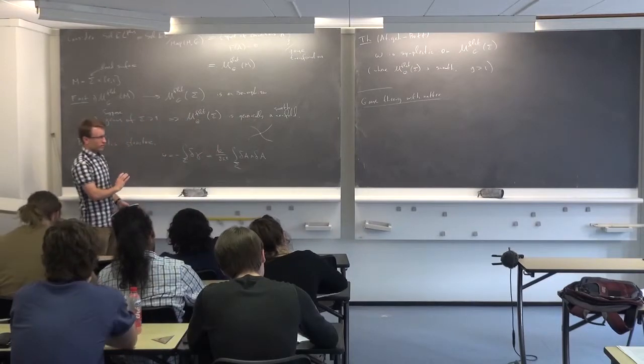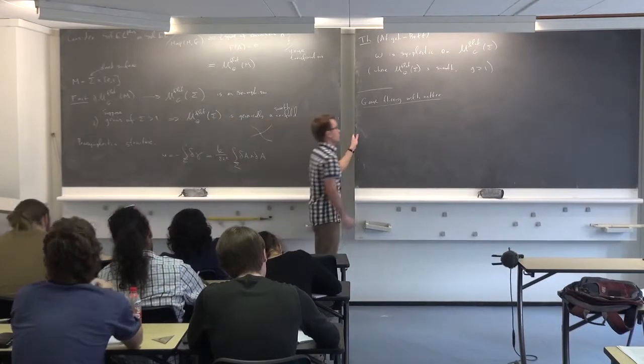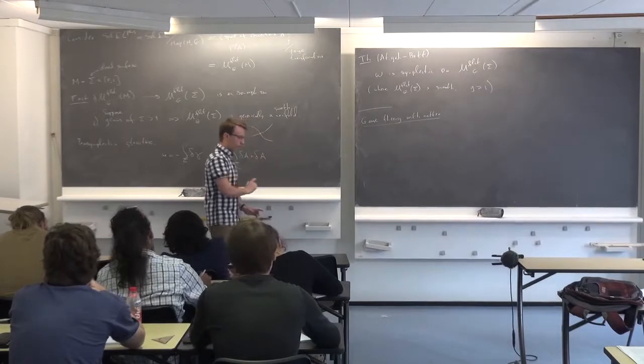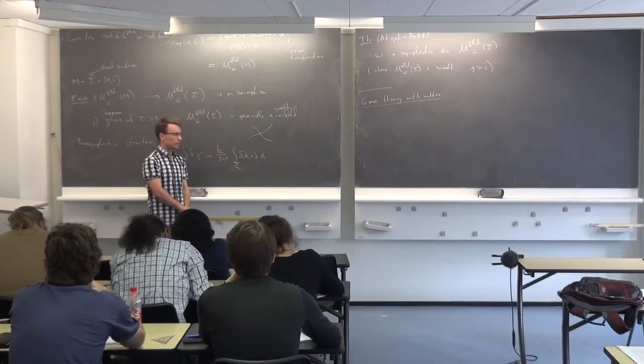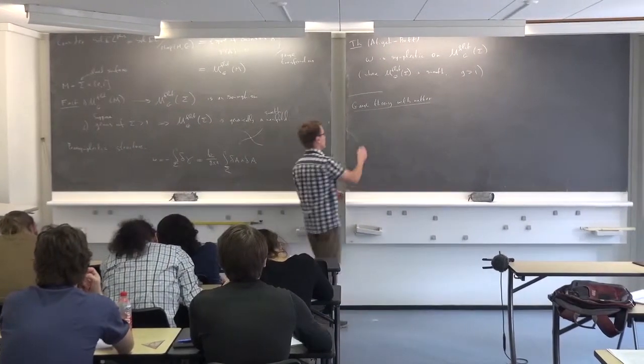I'll not discuss the physical content of why I call this matter, but it's the following construction. So far we were discussing some gauge invariant quantities on the space of connections, and we talked about curvature.